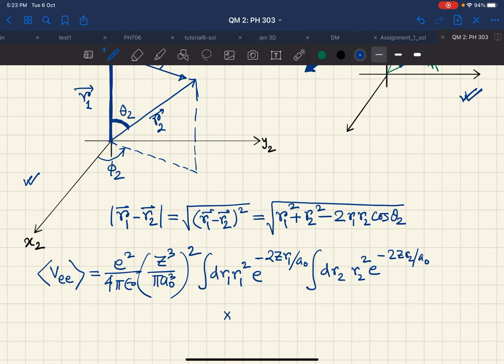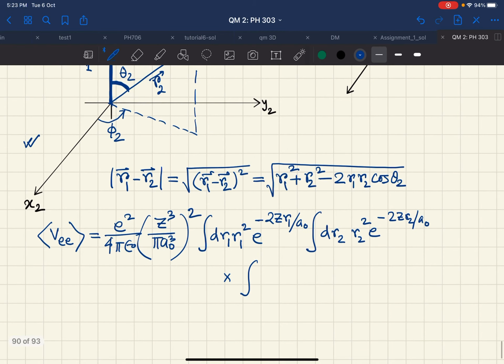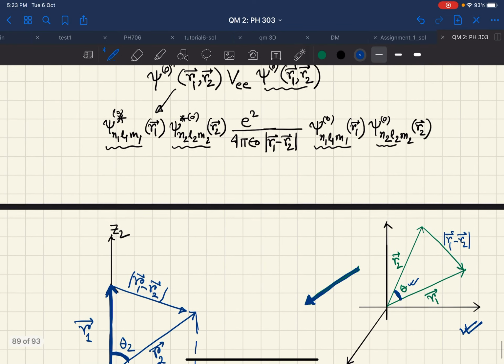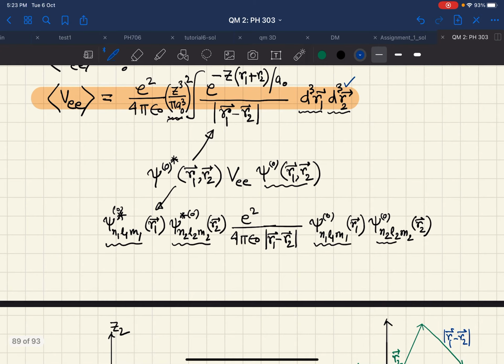And then we have a theta integral, and I know that this is basically r2 square sine theta 2 dr2 d theta 2 d phi 2. That is my d cube r2. That is what d3r2 is.